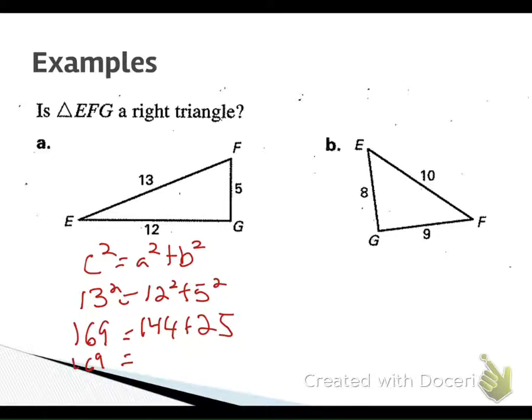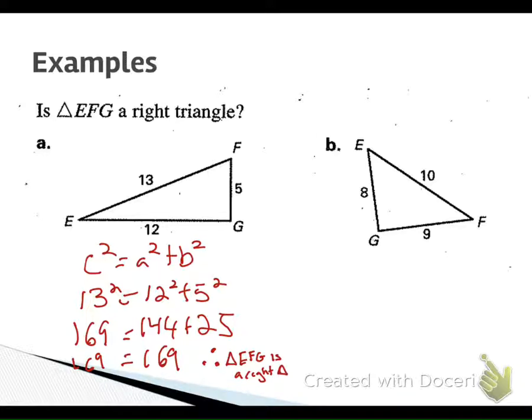So 169, 144 plus 25 is 169. We see, oh, I wrote it backwards. We see that they are equal. And so therefore, remember our symbol for therefore is those dots in a triangle. So we see, therefore, triangle EFG is a right triangle.